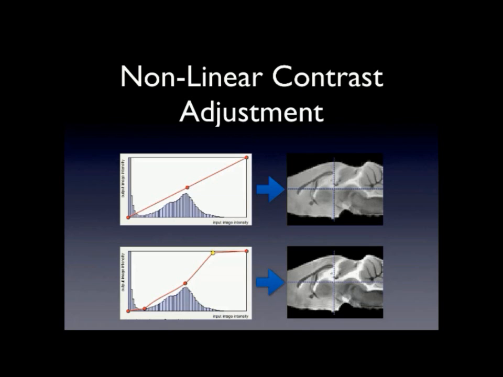In this case, the range of intensities between this control point and this control point maps to roughly the first half of the grayscale space, and then this smaller range of intensities maps to the second half of the intensity range. So we're allocating more of the visible intensity range to this part of the image than to the part of the image to the left.